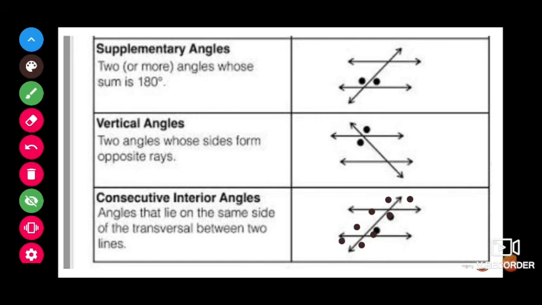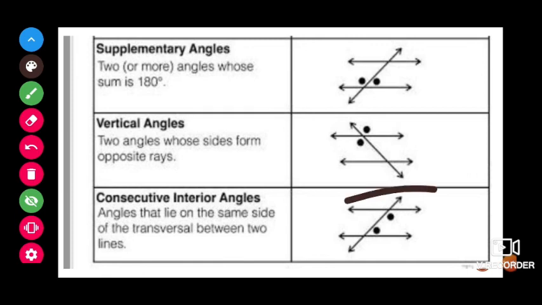Okay, same side. Children, each and everything is similar, but there are slight differences. Corresponding angles are on the same side, but one angle will be interior and one angle will be exterior. But for consecutive interior, both should be interior, and for consecutive exterior, we take both exterior.